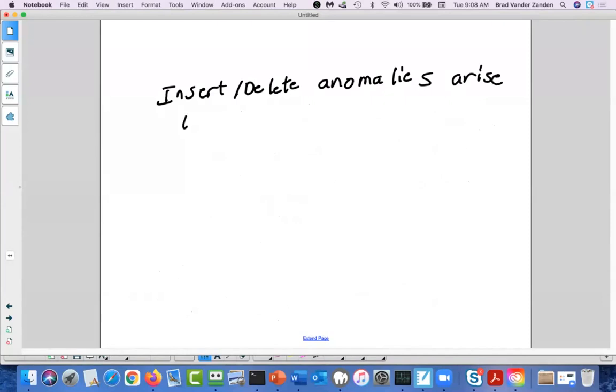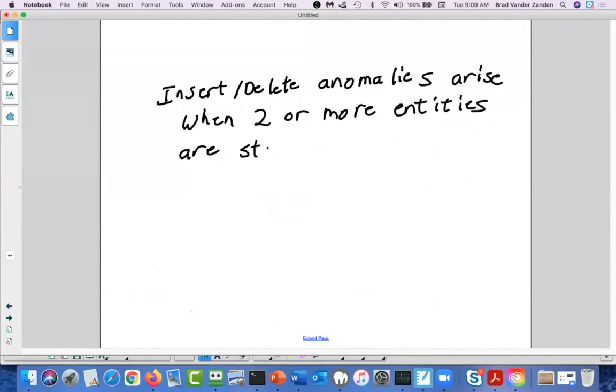So insert and delete anomalies arise when two or more entities are stored in the same relation.